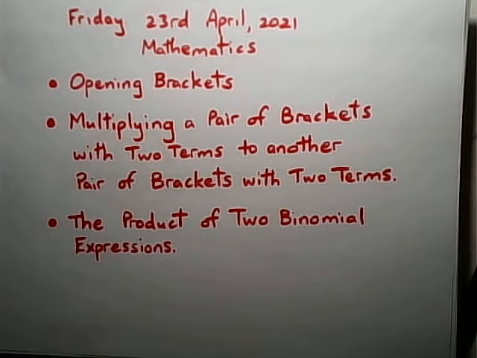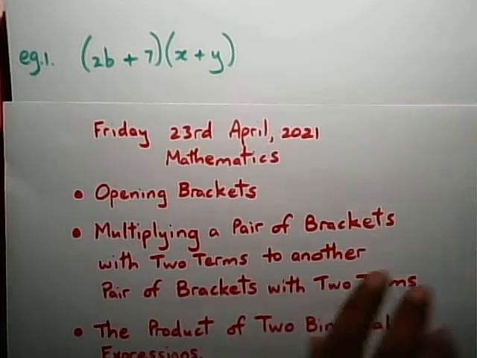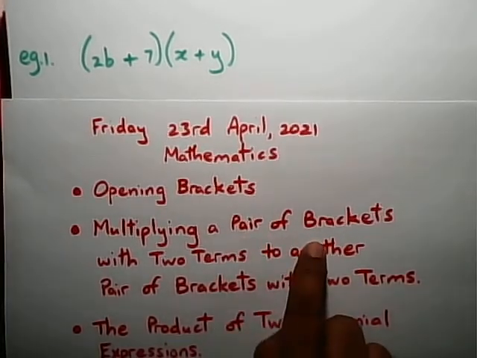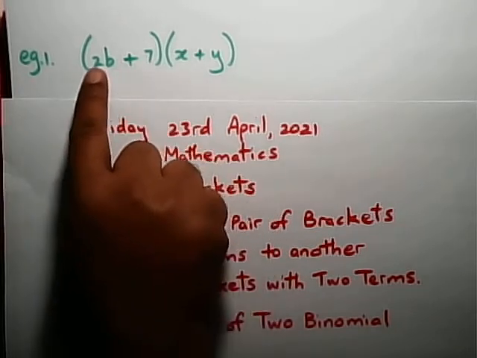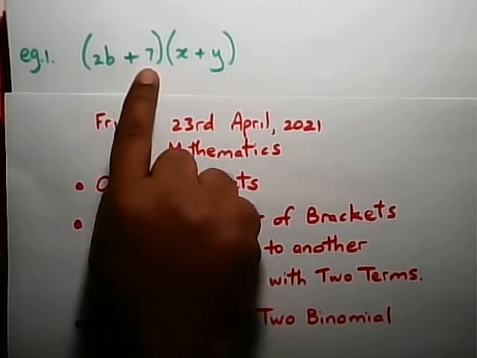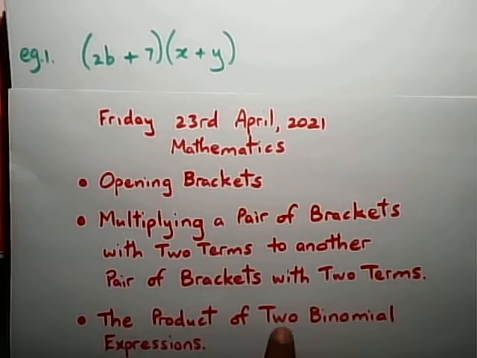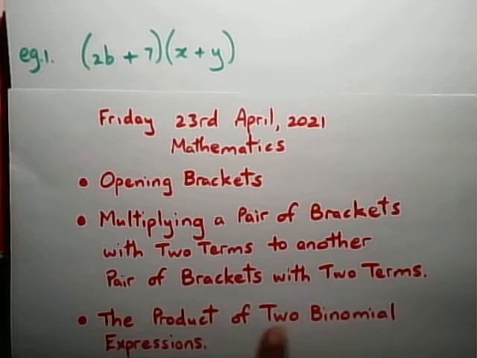So I'm going to give you a set of examples here of how we do it. Okay, so here's the first example. 2b plus 7 in brackets, multiply 2x plus y in brackets. So we are multiplying a pair of brackets with two terms to another pair of brackets with two terms.